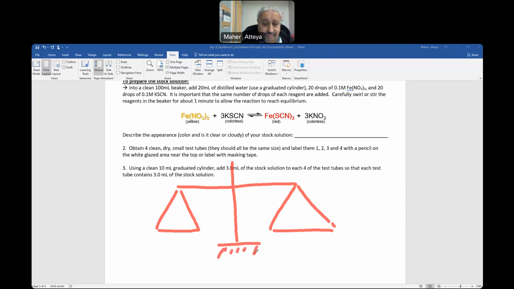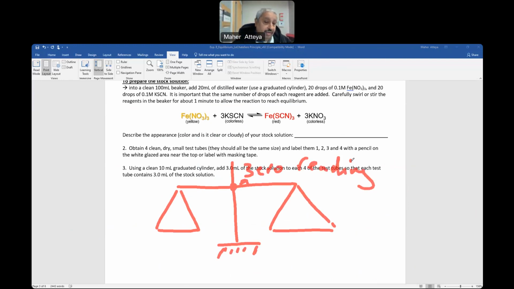Here is the 0 reading. So 0 reading means both arms are what? Are balanced, correct? Then we have chemical equilibrium. We have equilibrium, meaning that both of them are balanced.